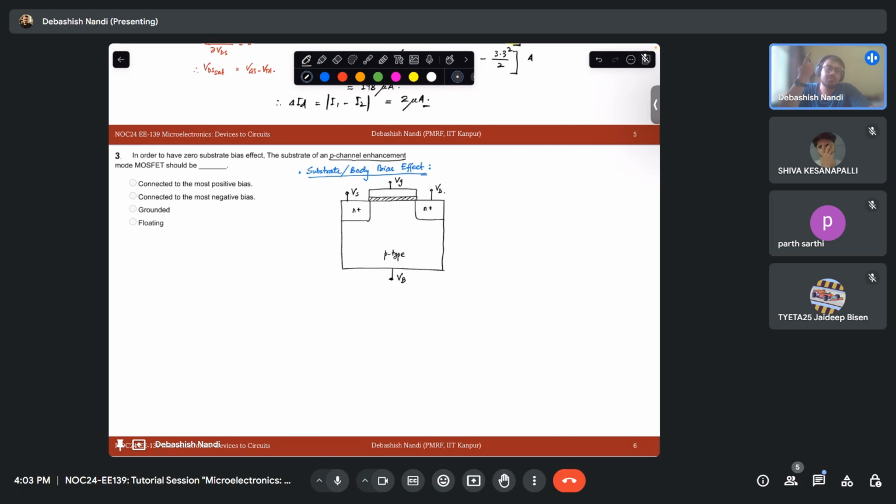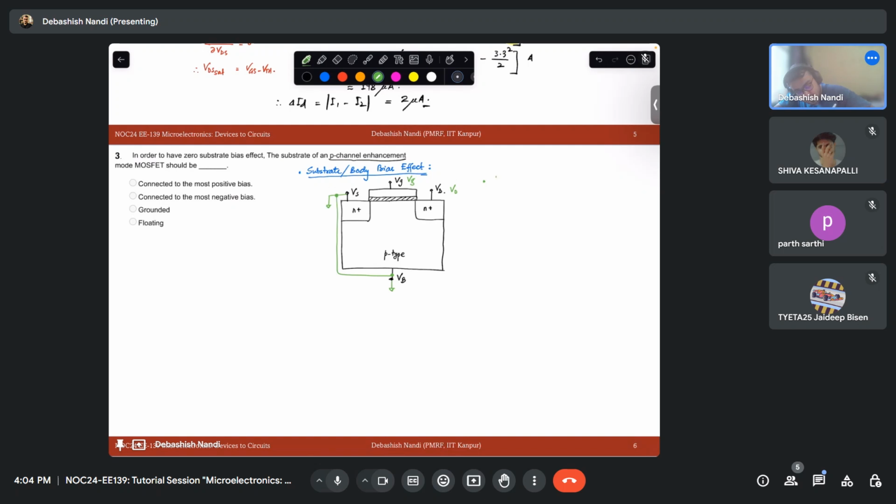What is the common mode of operation when we discussed our other kind of NMOS structure? We applied a bias here, grounded, this grounded. We applied here VDD or some drain voltage, and we keep changing my VG, right? So the reference voltage of the substrate was these two points shorted.